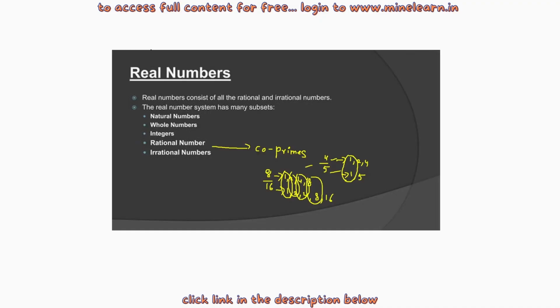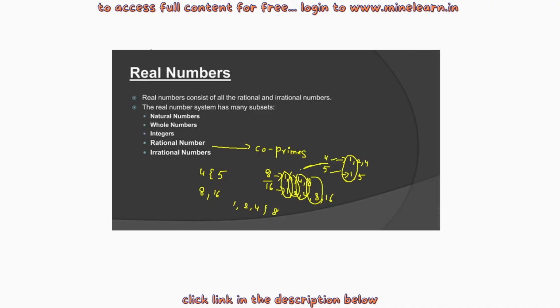Now observe the difference between these two. Let us consider 4 by 5. For 4 and 5, the only common factor is 1. And observe 8, 16. These two numbers have the common factors 1, 2, 4 and 8.